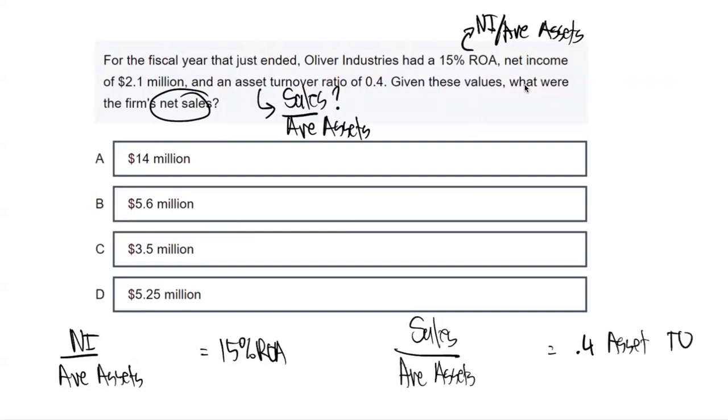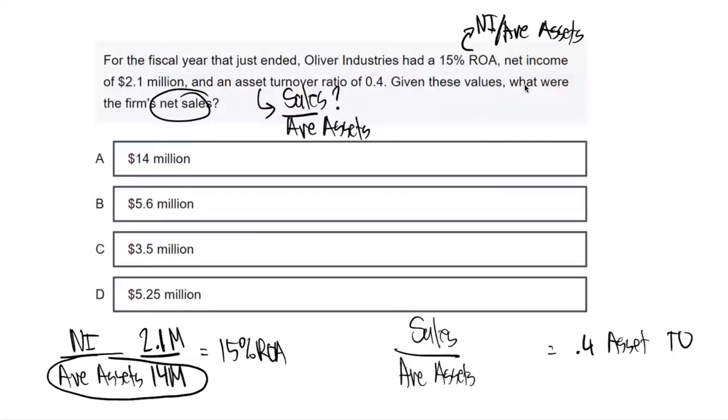Okay, so first step is to get our average assets. Ang net income natin ay 2.1 million. So 2.1 million divided by something equals 15%. So dapat si average assets mo mas malaki. Siya yung denominator eh. So that would be divided by 15%. 14 million.